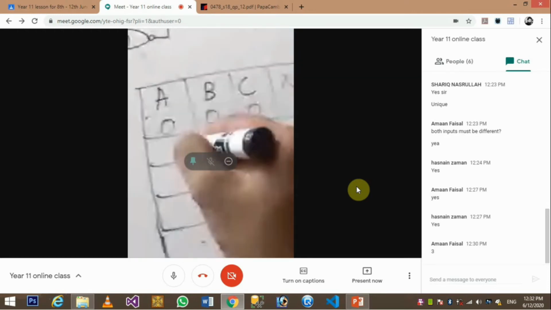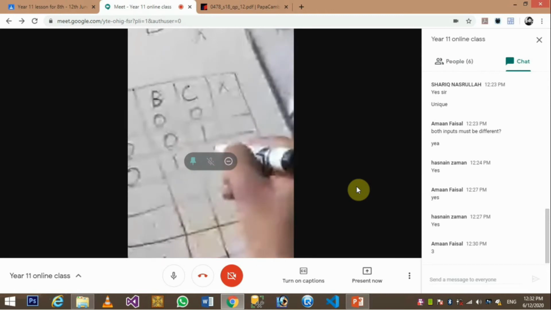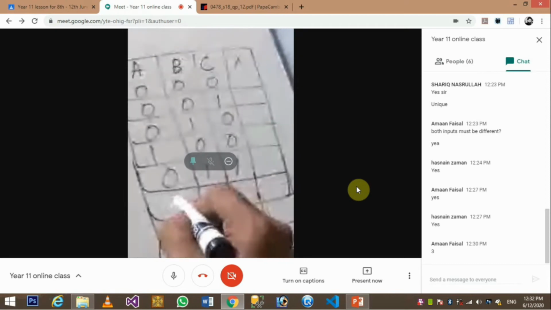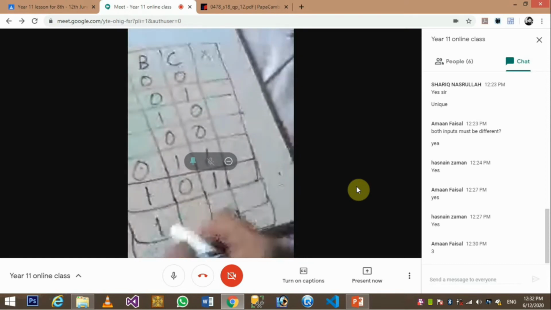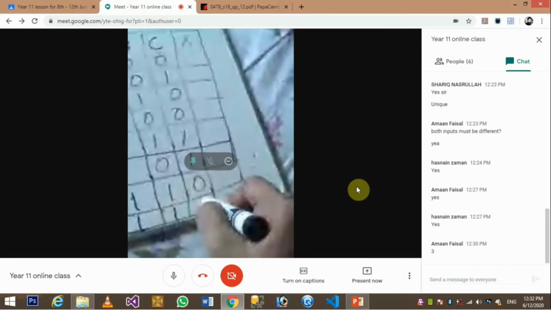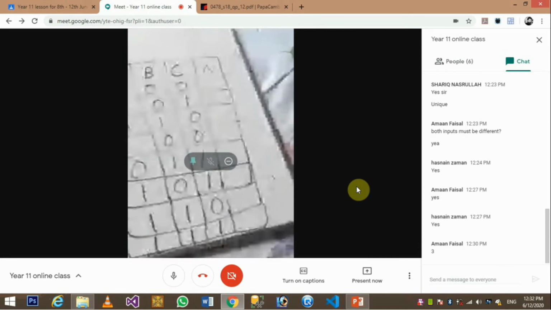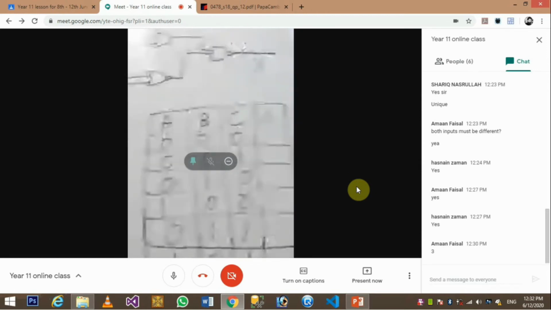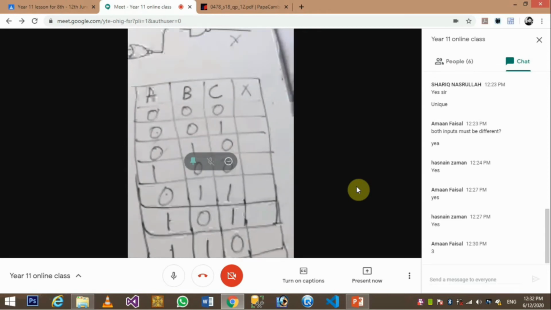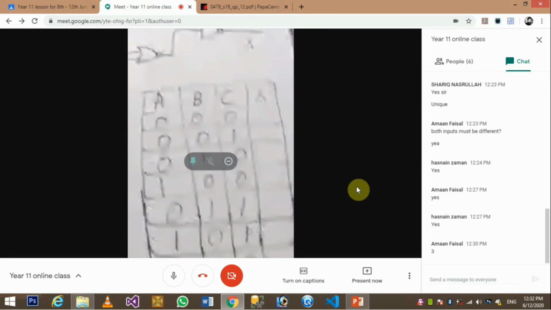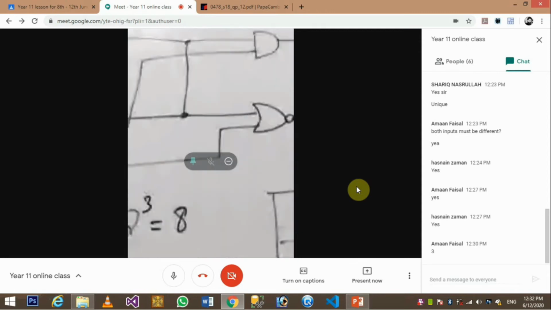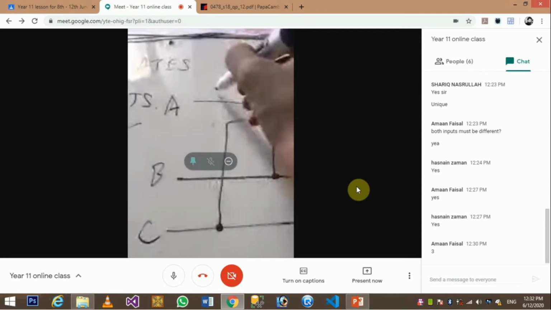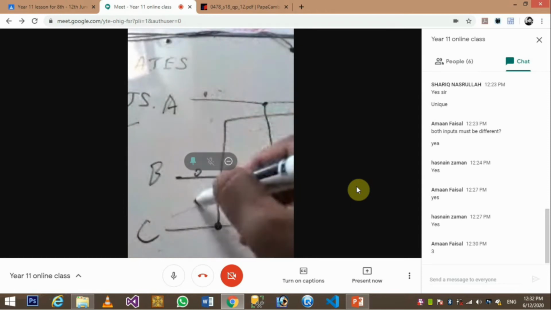All right, 0 0 0, 0 0 1, 0 1 0, 0 1 1, 1 0 0, 1 0 1, 1 1 0 and 1 1 1. Okay, I think that's all the possible combinations. 8 combinations we have, right? Starting from this 0 0 0, we'll write 0 0 0 here like this.